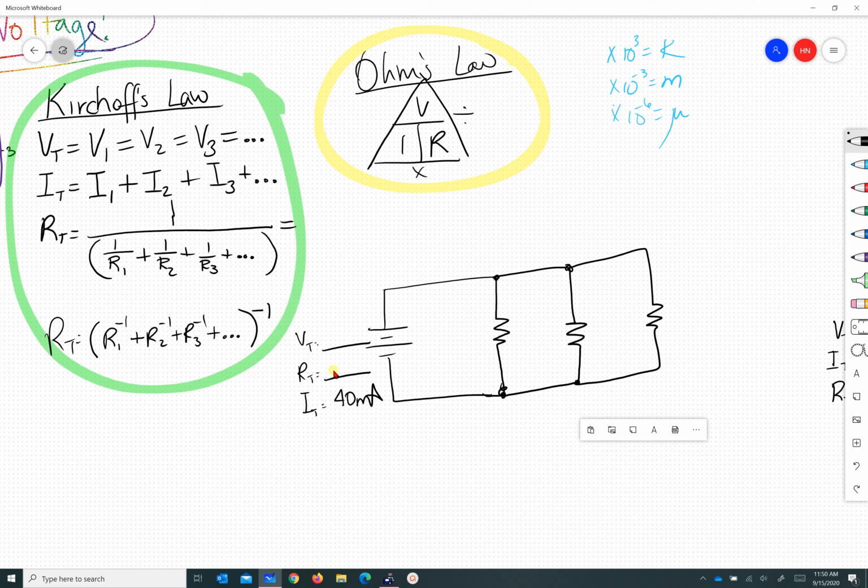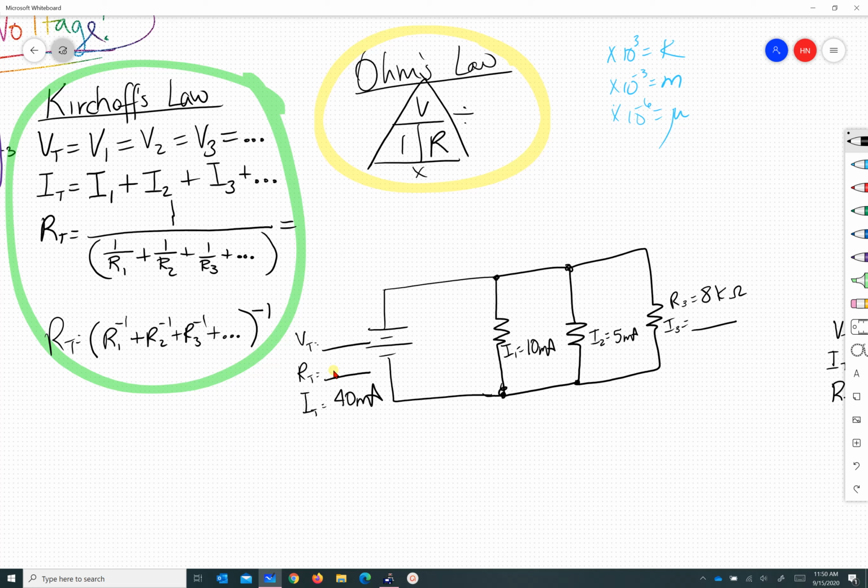Now, for the first device, I know that the current is 10 milliamps. The second one, I know the current is 5 milliamps. And the third one, I know the current is, oh, I'm not giving that one. That's an unknown. What I am giving is the resistance of the third device is 8 kilo ohms.